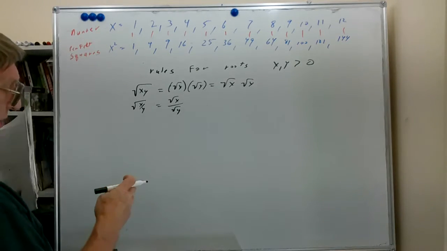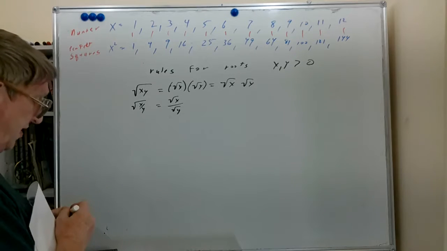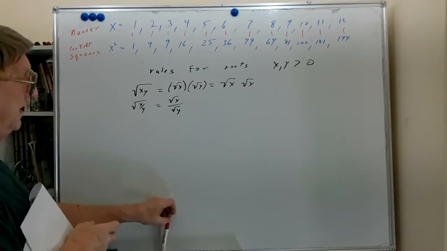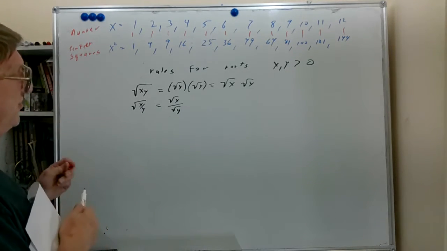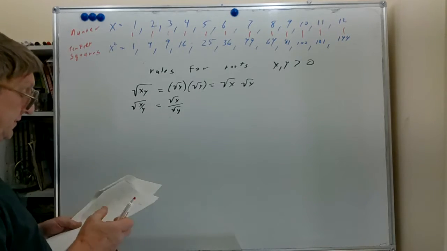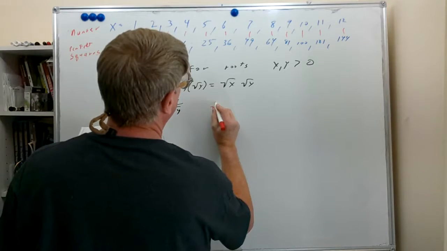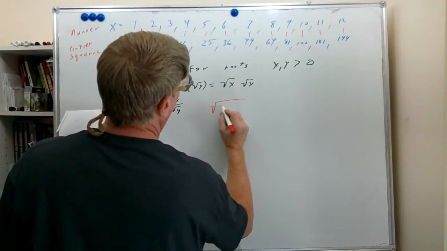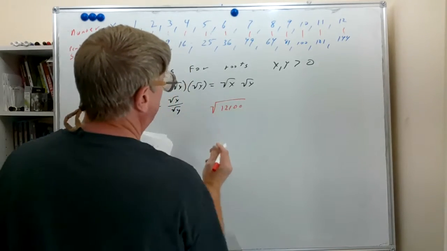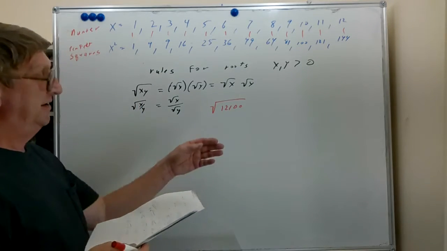So now we're going to do a couple of problems, and we're going to try to work them out with our calculator, and we're going to take advantage of these rules here. So we're going to start with the square root of 12100. Now that looks pretty tough, right?